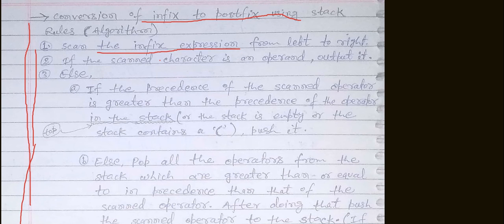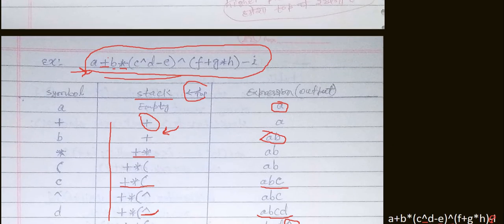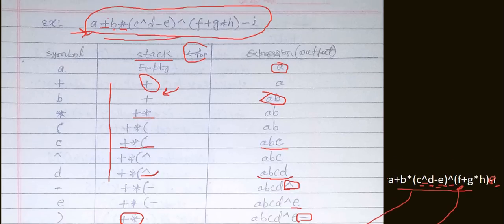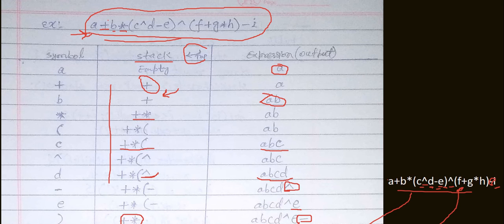If the scanned character is an operand, just concatenate it with the output. If any operand is encountered, the machine will concatenate it with the output.